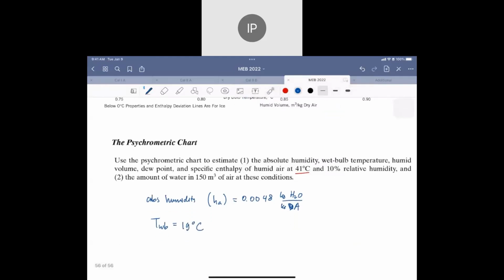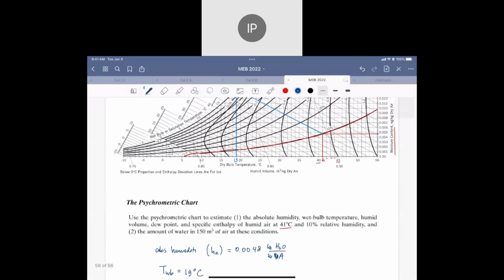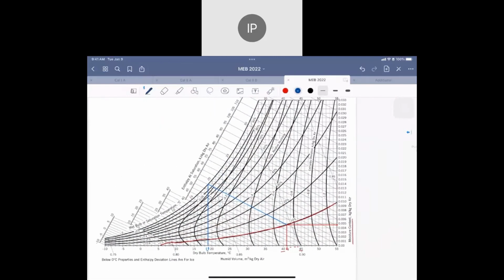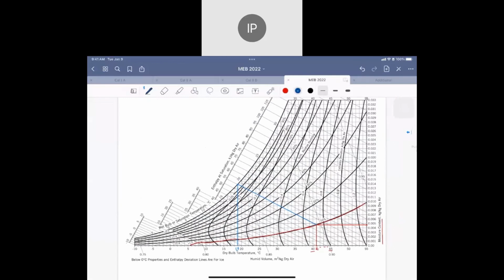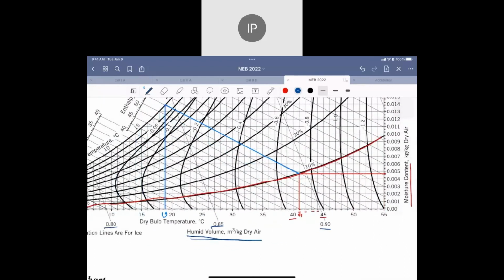Okay, and then the humid volume. Where's the humid volume? This humid volume, this one, okay, 75, 80, 85, 90, right? So we need to make the line a little bit similar in slope, so it should go through here.